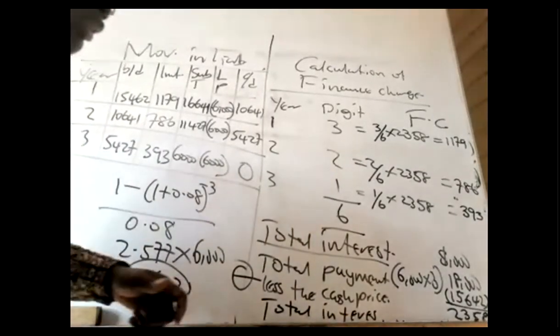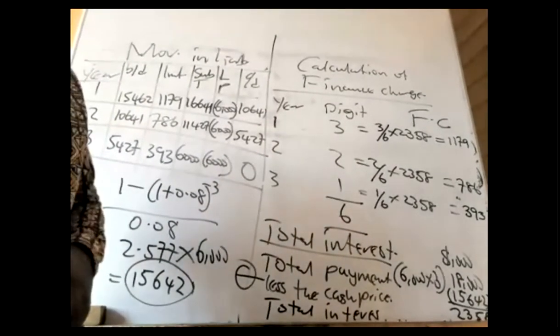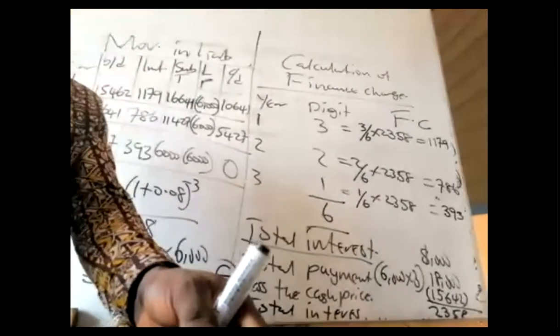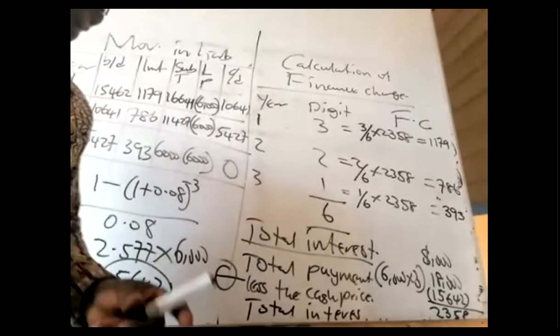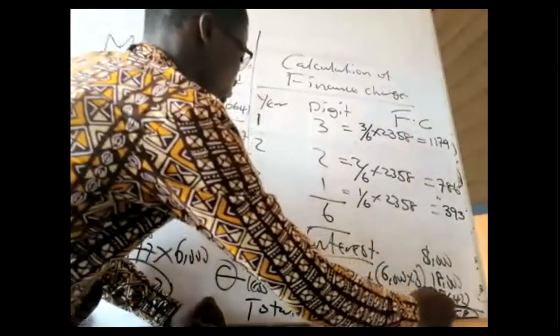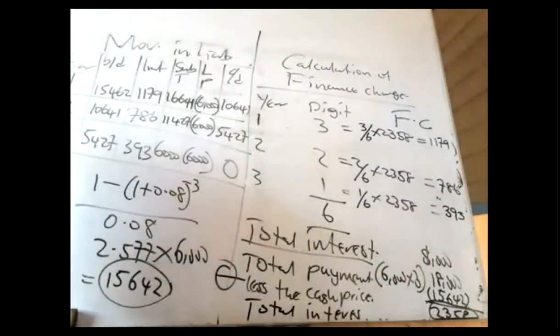The challenge is when you subtract, you do not get 2358. The issue is the total interest here is not true. This figure is not true. Can you confirm it again? It's not true, because that figure, I'm getting 2538.